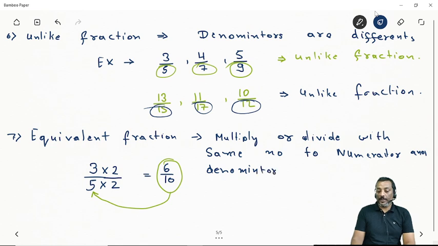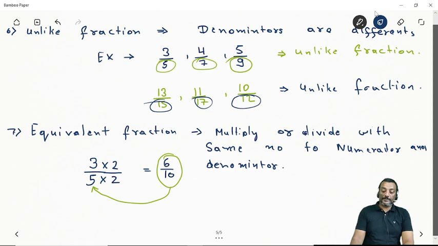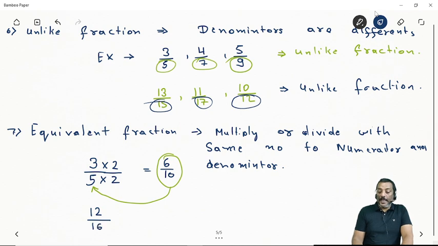Okay, so let's see a division example. Suppose we have 12 over 16 and it is asking, can you find the equivalent fraction? So you can see 12 and 16 both are multiples of 4. Yes, so we can divide. The fraction you will get is 12 divided by 4, that is 3, and 16 divided by 4, that is 4.